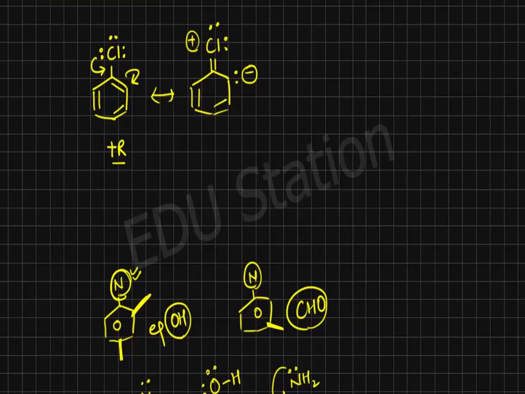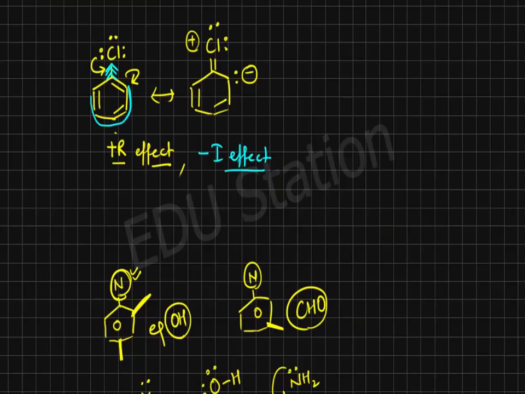So, Cl or halogens tend to show plus R effect, that means they give their lone pair of electrons to the ring. So, they should be activating, but they are not activating, they have a very strong minus I effect. If you recall, we have studied inductive effect. This chlorine will pull so strongly that it will decrease the electron density of the ring.